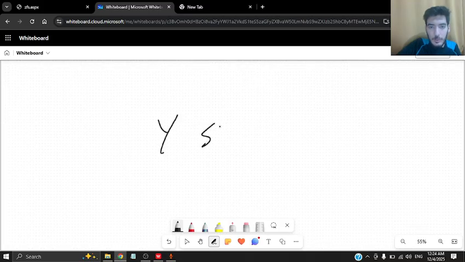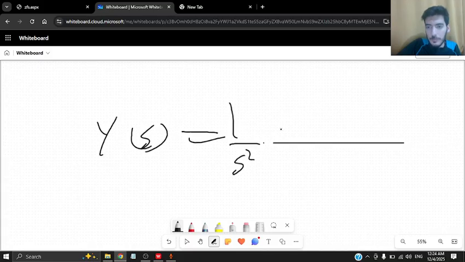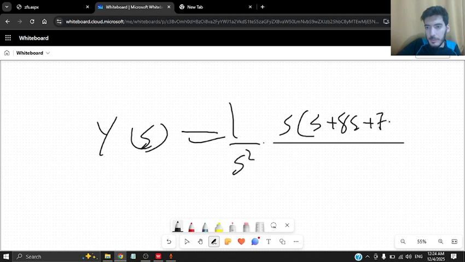So it will be equal to 1 divided by S squared multiplied by S multiplied by S squared plus 8S plus 7 and then minus 5S.